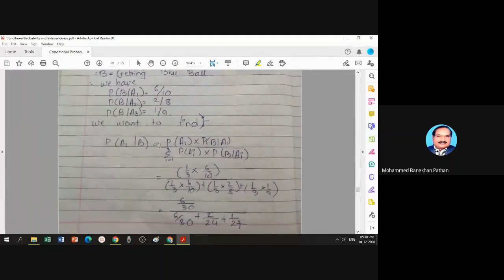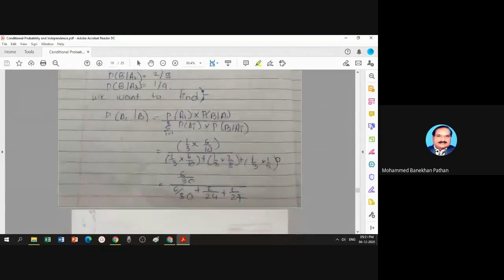According to Bayes theorem, this equals the chance of getting A1 multiplied by the chance of getting B from A1, divided by the same calculation as the numerator but for all 3 possible partitions, 1, 2, 3. That is, P of Ai multiplied by P of B given Ai.